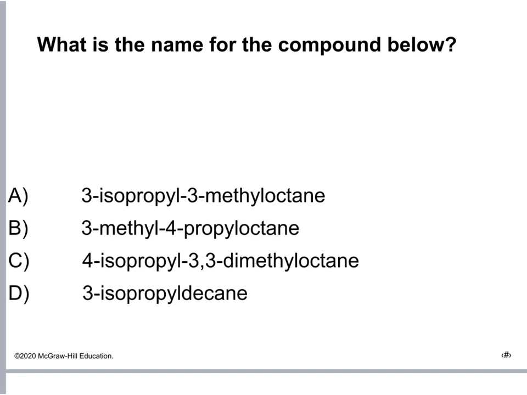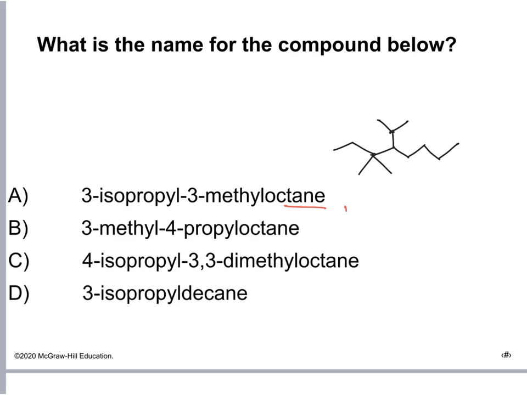Okay, what is the name of the compound below? So let's draw this compound. All right, so you've got to find your longest chain. I'm going to number it. So 1, 2, 3, did you get octane?